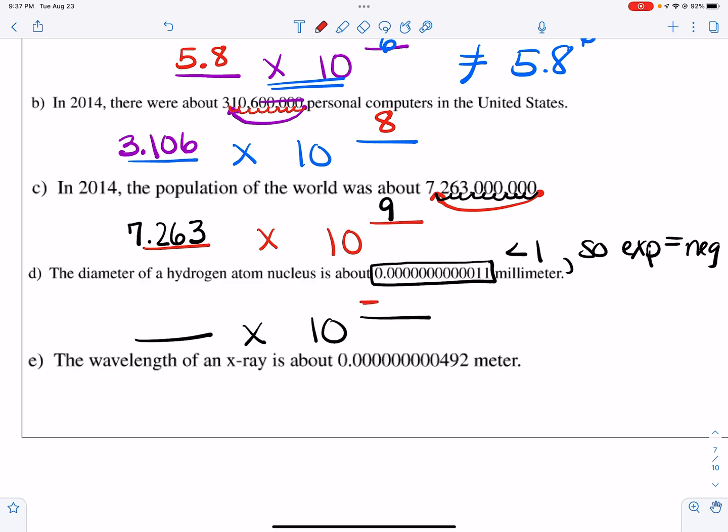And then I want to move that decimal point so that there is one number that's not a 0 in front of it. So I'm going to take that decimal point and move it between the ones. So the front zeros now drop off, and I have 1.1.